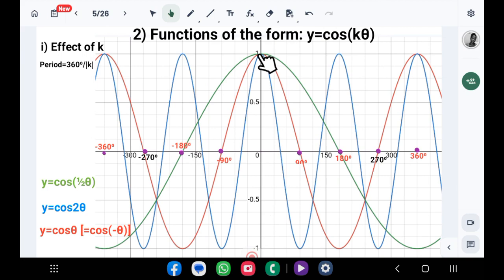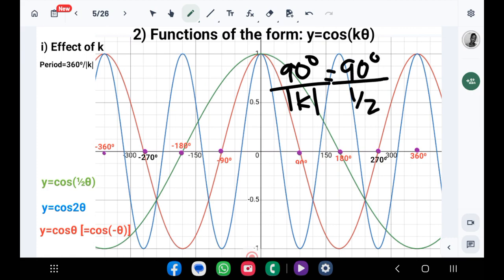Notice that this is the maximum turning point, that's the beginning. And then your first x-intercept is at 180 degrees, which is 2 times 90 degrees. So yes, your milestones have been multiplied. How? We took the milestone, which is 90 degrees, divided by the absolute value of K, which is equal to 90 degrees divided by, in this case, a half, which is equal to 90 degrees multiplied by 2 over 1, which is 180 degrees.